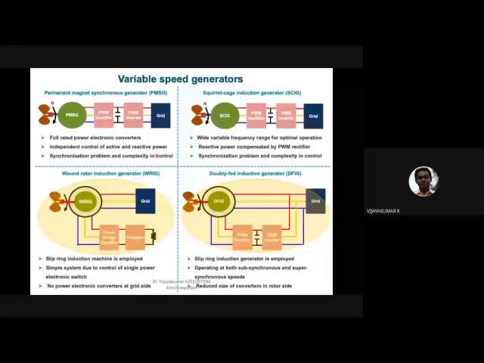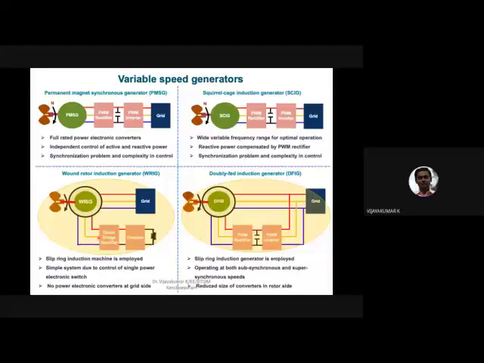Now let's compare with these two topologies, the wound rotor induction generator. It's similar to the rotor resistance control method in an electrical drive. Here we are using the rotor resistance control method in power generation. If the machine acts as a generator, we need to short circuit the rotors, then only the circulating current will flow.